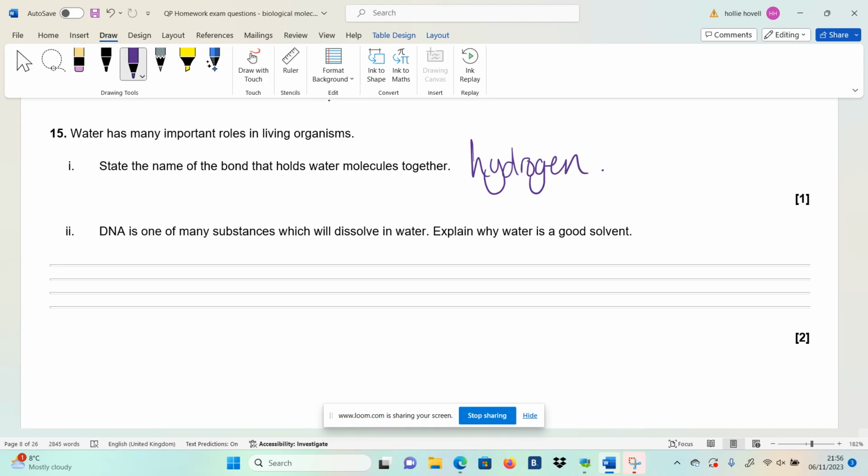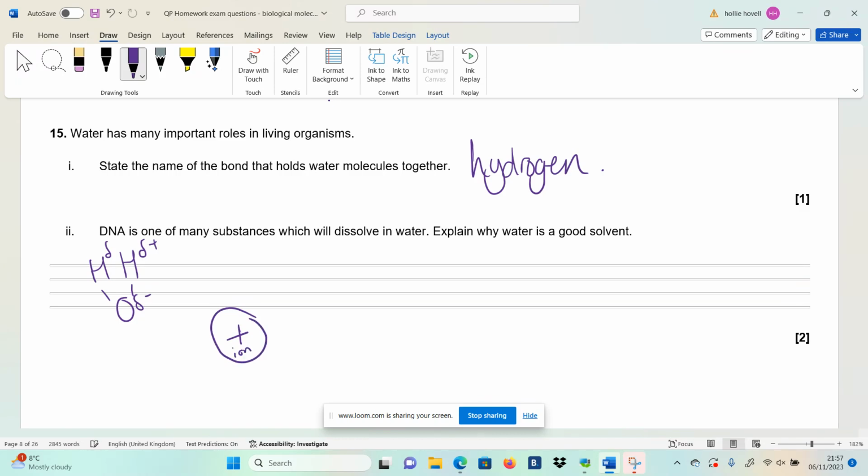So we haven't learnt that DNA specifically dissolves in water, but we have learnt that water is a solvent and a little bit about that. Now remember always that your water molecules are polar, so the hydrogens are slightly positive, the oxygen is slightly negative, and we've talked about how ions, such as positive ions, can dissolve in water.